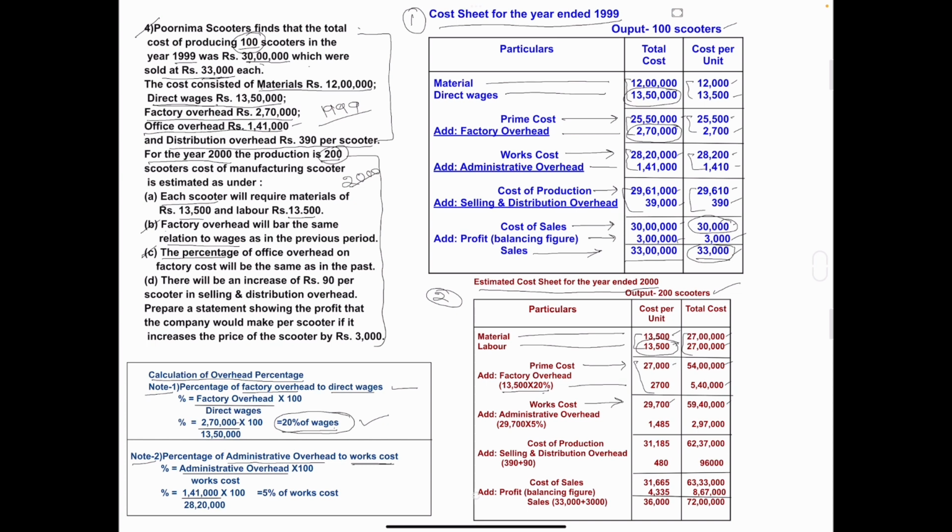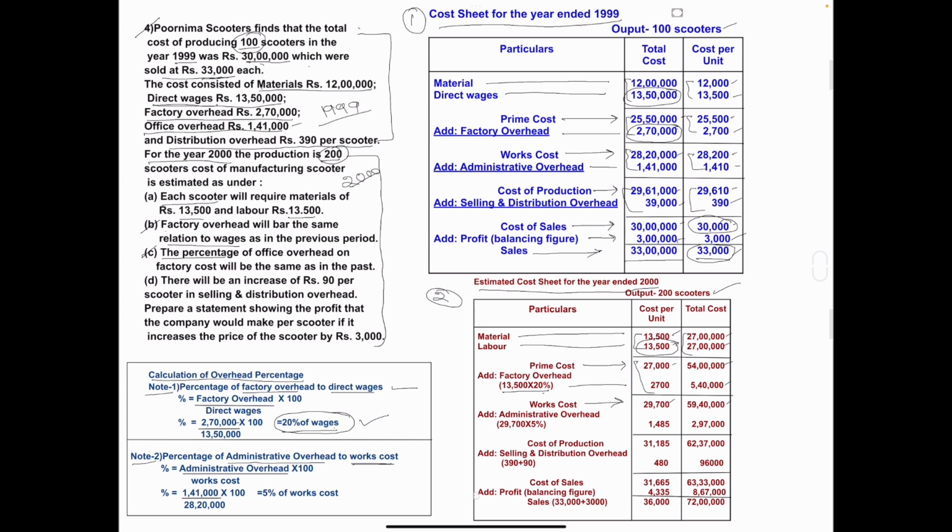The formula is percentage is equal to administrative overhead divided by works cost into 100. And to put the amounts in this formula, we have to refer to the previous year cost sheet, that is the 1999 year cost sheet.